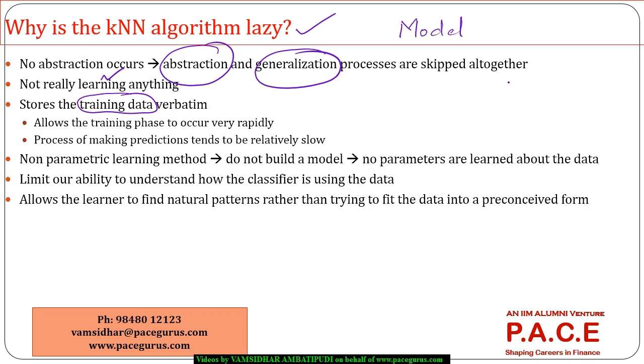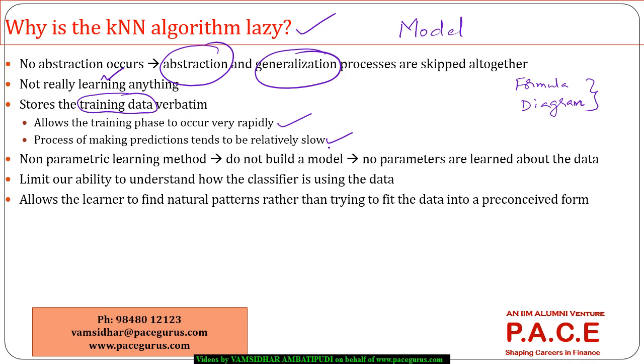When there is learning, we have already indicated that there should be some kind of formula, some kind of diagram which will explain the way it has abstracted the data. But here we don't find any such thing. That's the reason we call it a lazy learning process. So the training phase is much faster because there is no abstraction, no generalization of the data.